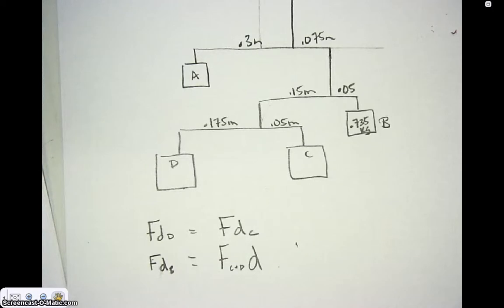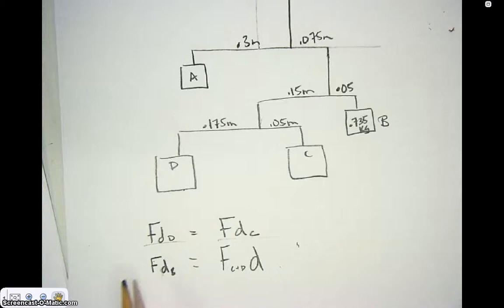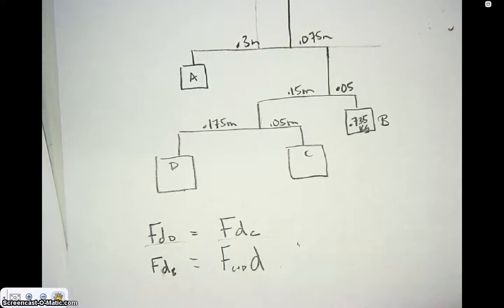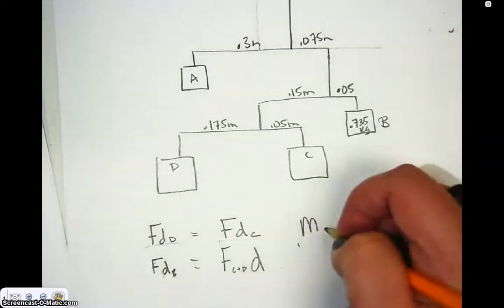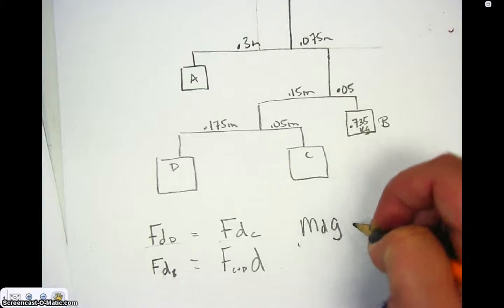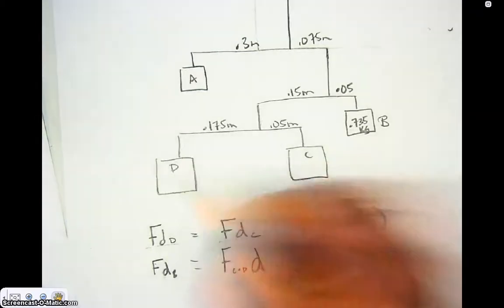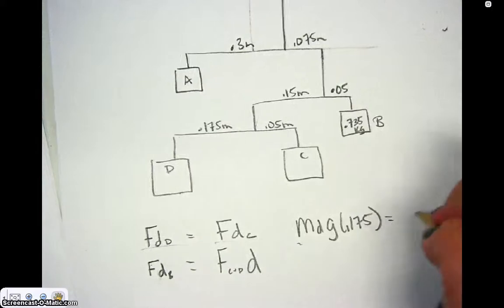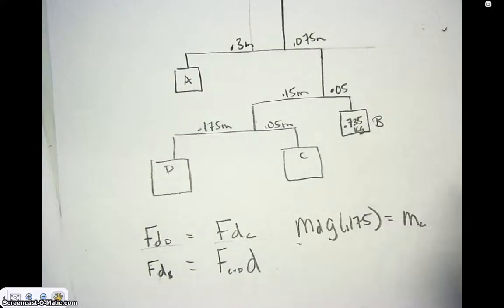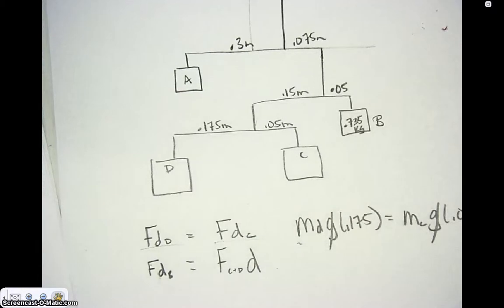So here I've got the torque equation for D and C. Let's sub in what I have there. The mass of thing D times gravity times 0.175, so this times this guy's weight, has to be equal to the mass of thing C times gravity times 0.05, and my gravity cancels out. What this allows me to do is solve for something in terms of either MD or MC.